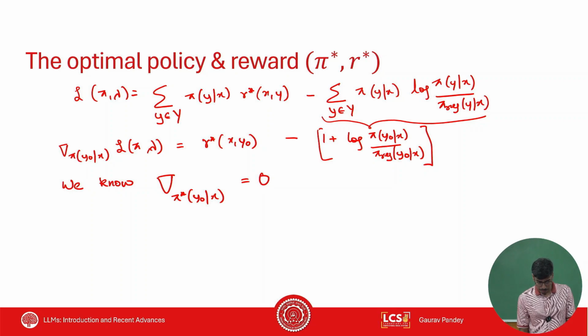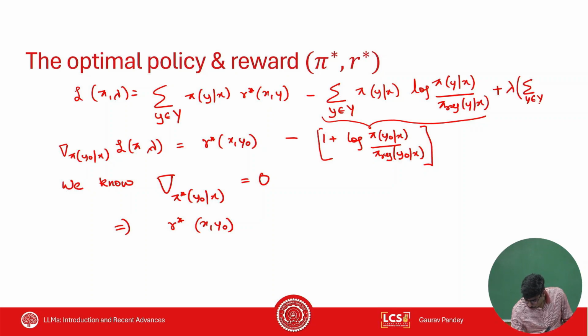What does this mean? This means that r star(x, y naught), and there should be lambda also, because it's a Lagrange multiplier, right? Lambda summation over y.